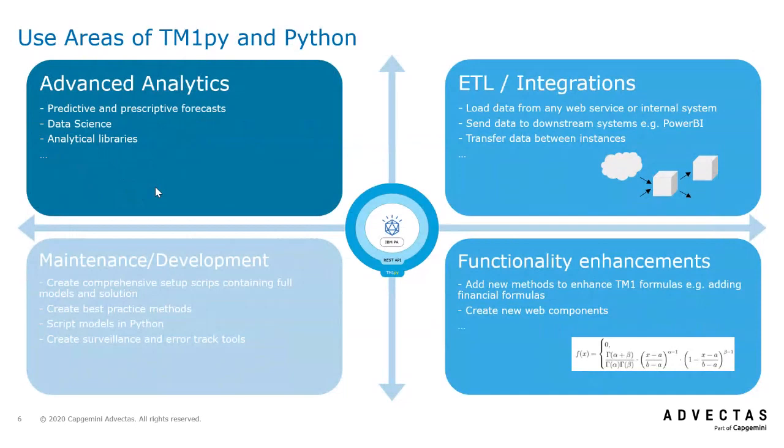So Python has a lot of libraries to do predictive and prescriptive forecasts. And that means that you can extract the data now from your TM1 and with a button, basically just send it out to an analysis that you will build or let be built in Python for your specific case.